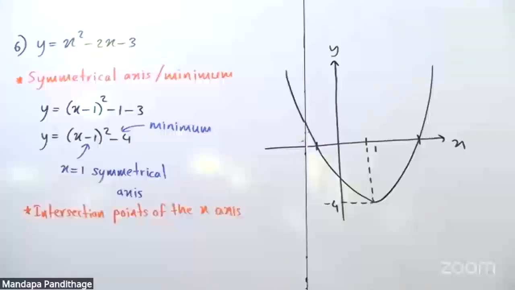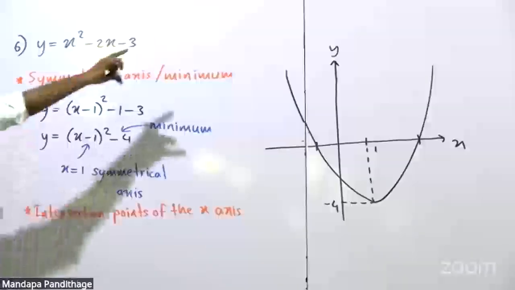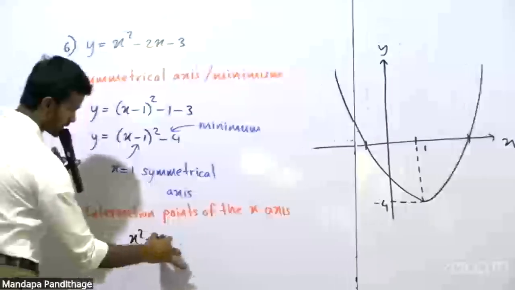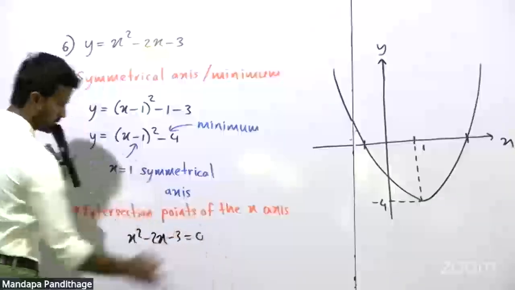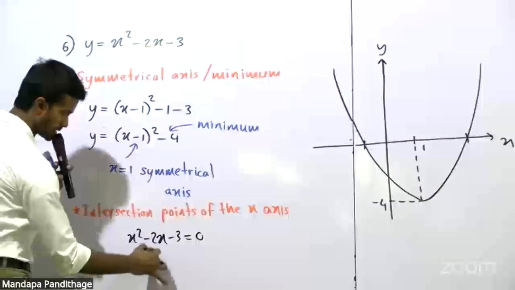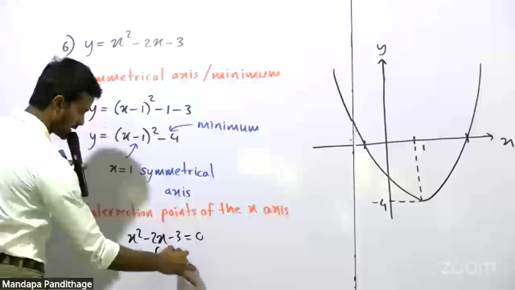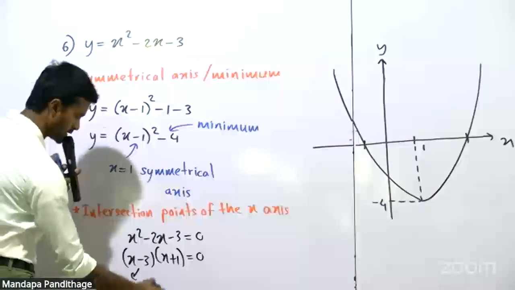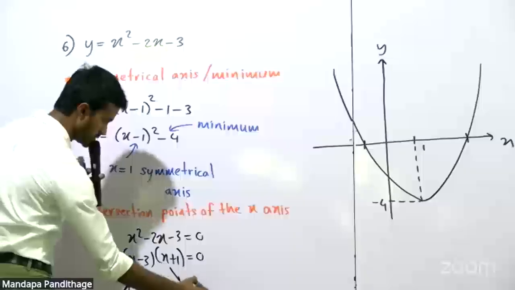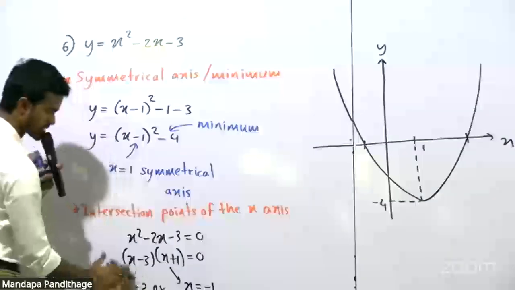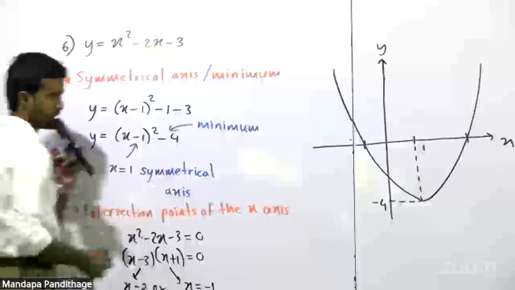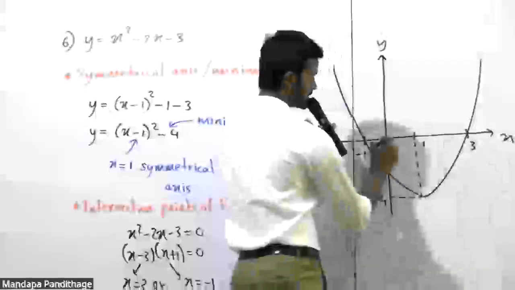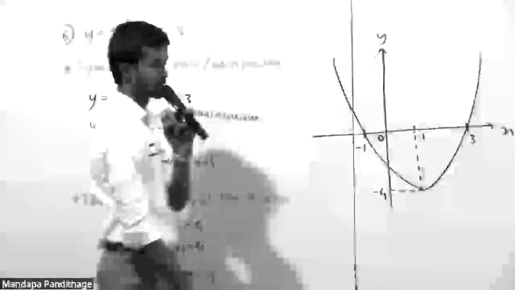You can easily get these two points by solving this quadratic equation, this equal to 0. You get x minus 3 and x plus 1 equal to 0. So what are the two points? x equals 3 or x equals minus 1. So this is minus 1 and this becomes 3. This is more than enough to sketch a quadratic graph.